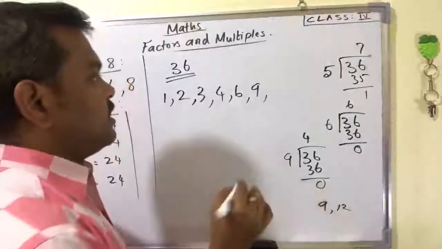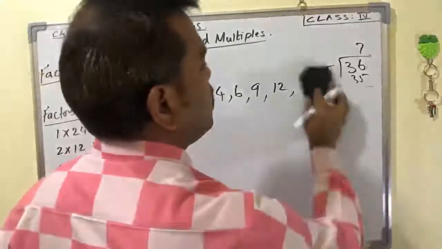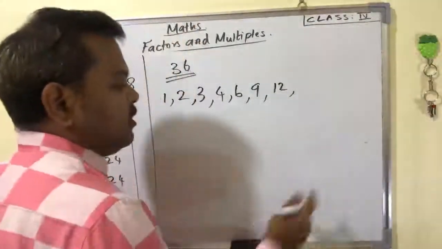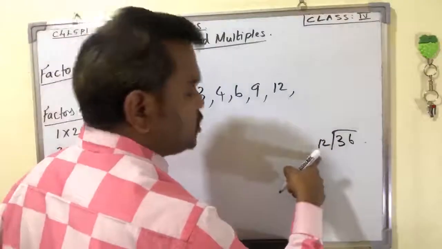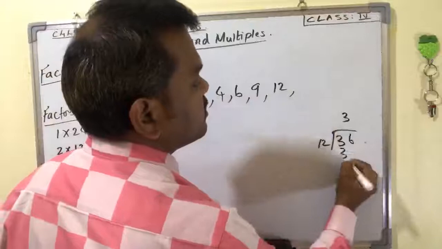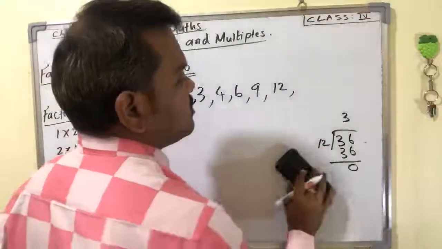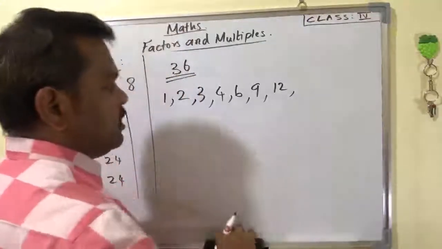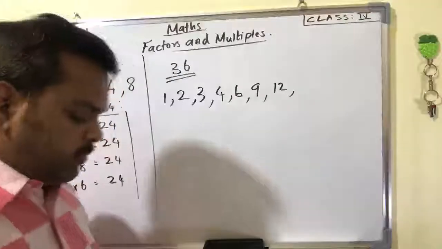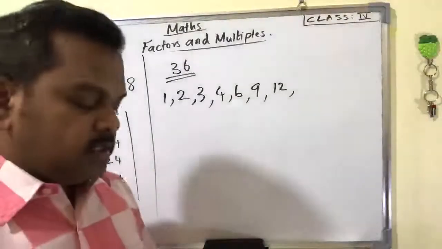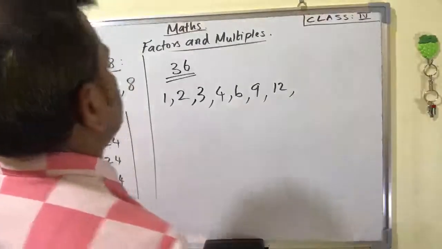Okay, then not 10, not 11, 12 is a factor. After 12, look, 36 by 12. 1 12 is 12, 2 12s are 24, 3 12s are 36, balance 0. Okay, so 12 is also a factor. Then 13 will not come, 14 will not come, 15 also will not come, 16, 17, 18, yeah, 18 will come.